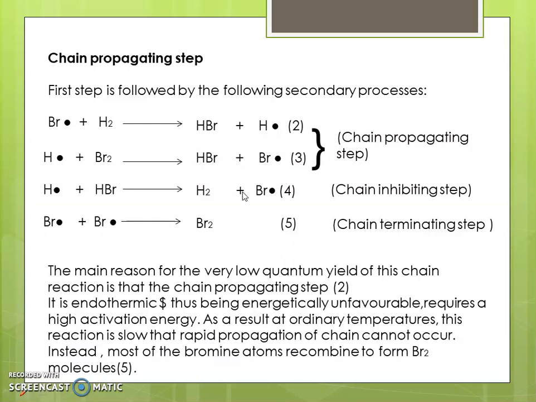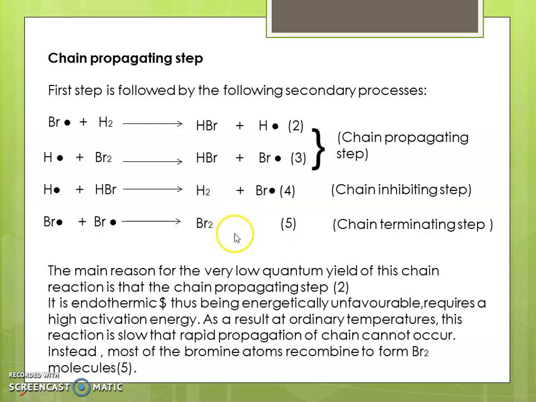Hence it facilitates the formation of Br2 molecules instead of HBr. So there are 2 reasons for the lower quantum yield: first, the slowness of the endothermic step 2, and second, the reversal of step 2, that is step 4. Step 4 and step 2 are the main reasons for the lower quantum yield.